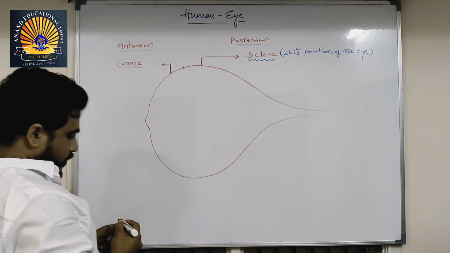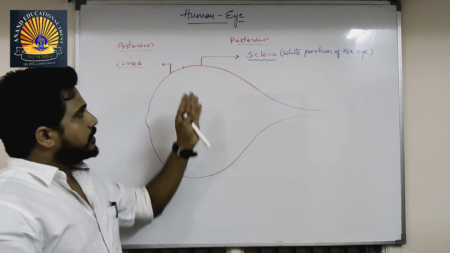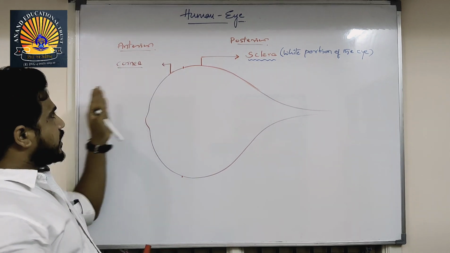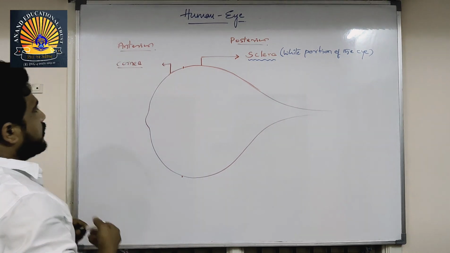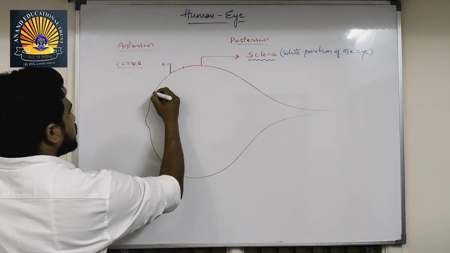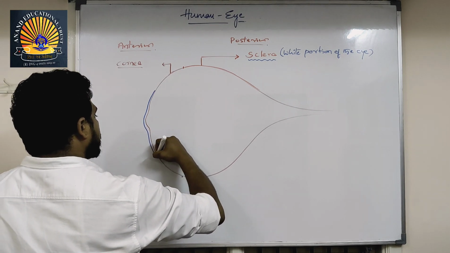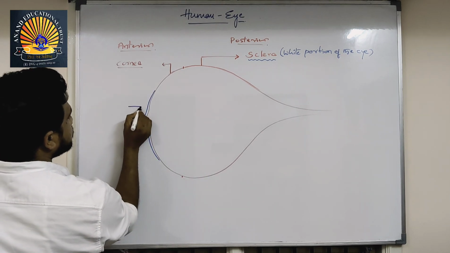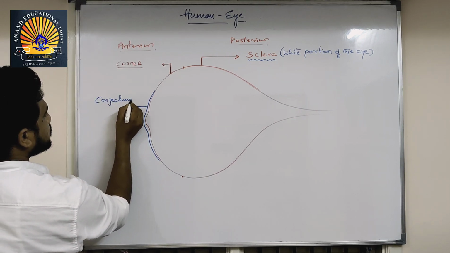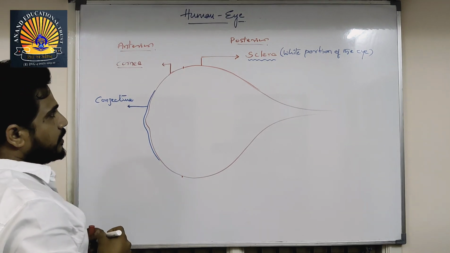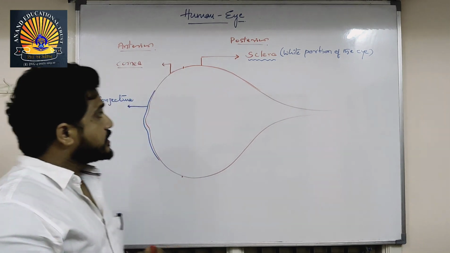The first coat of the eye is occupied by two structures: cornea on the anterior part and sclera on the posterior part. Further, the cornea gives another protective layer, the conjunctiva. All this is the first layer.